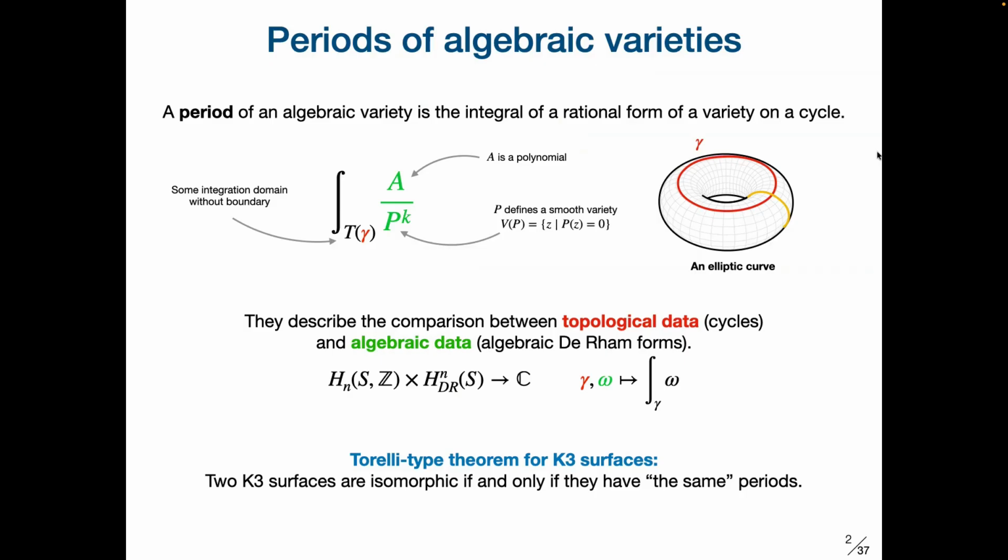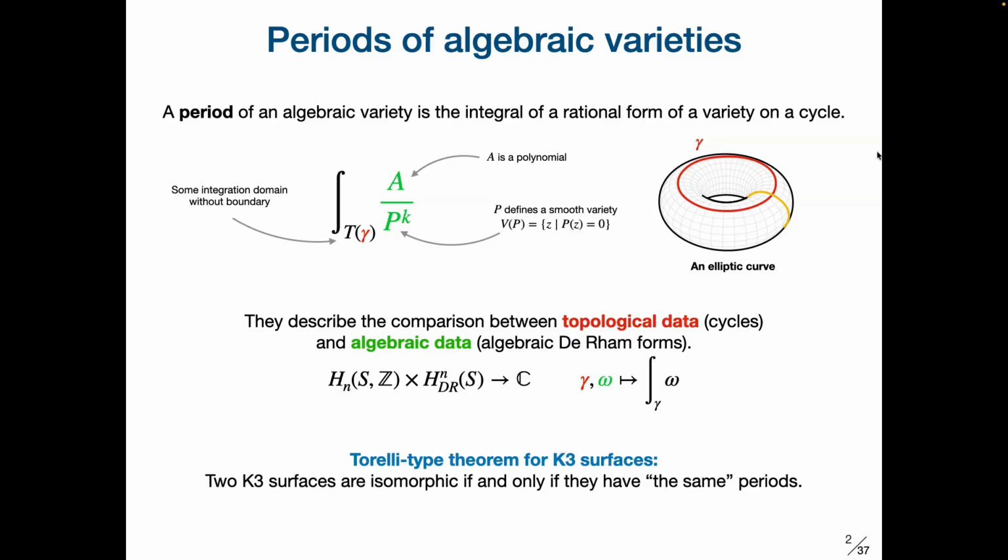And the second one being the integrands, the things you're integrating, which are algebraic de Rham forms on your variety, which are more of algebraic nature. And so these periods sort of establish an explicit comparison, the de Rham comparison isomorphism, between these two cohomology theories, which have different nature.